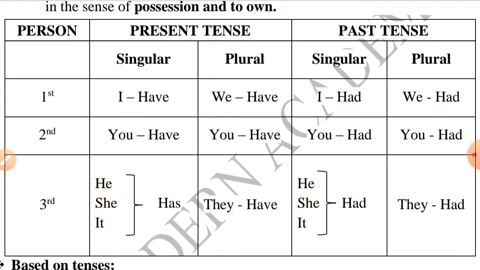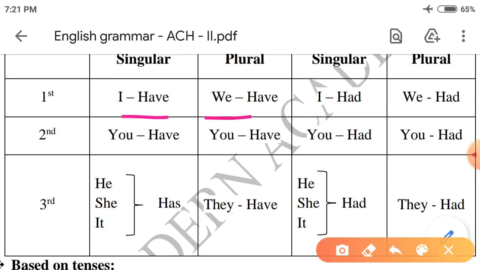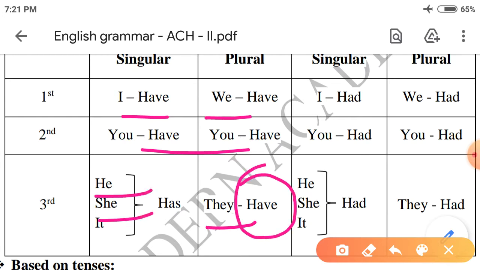Okay, so when the subject is I, we, you, they, there we have to use have. When the subject is he, she, it, third person singular, there we have to use has.